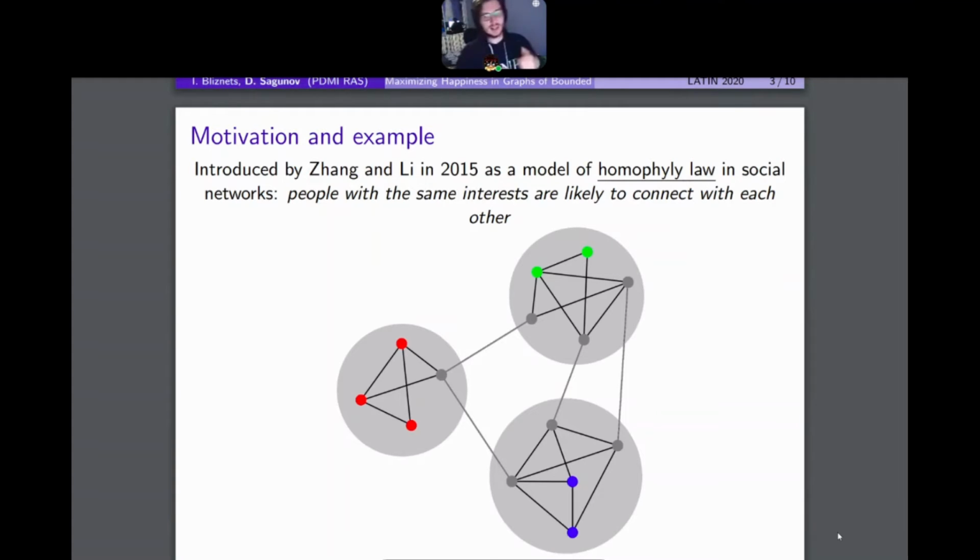They applied this model, maximizing the number of happy edges in order to guess which research area a paper belongs to. And the guess was correct. I don't remember the numbers, but the guess was really, really good. So this is the basic motivation for the problem.